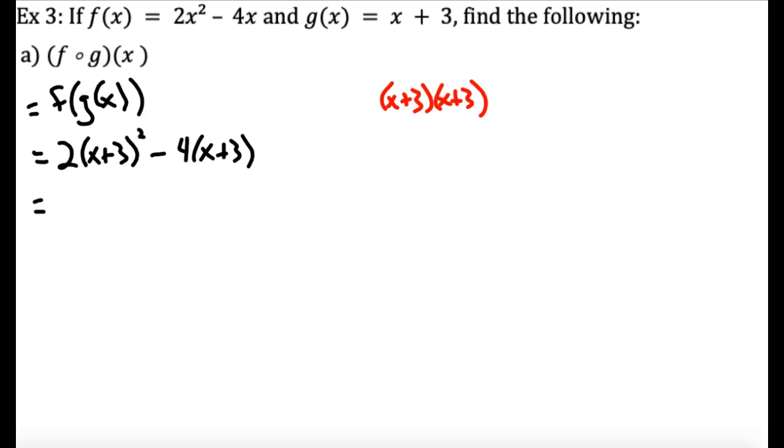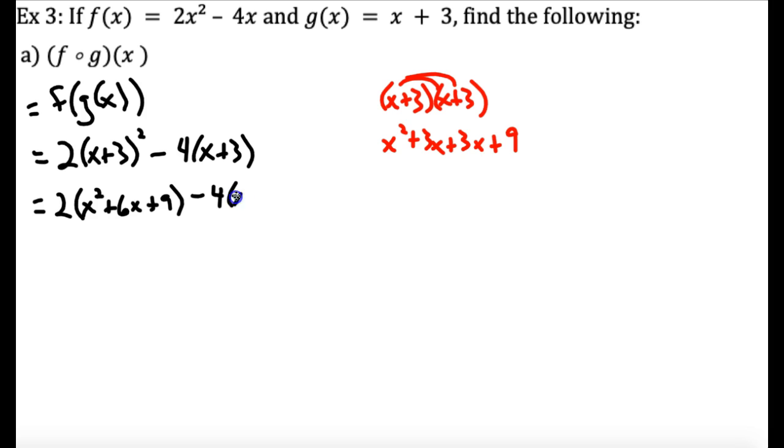Or if you remember the shortcut, square the first, take 2 times the product of the 2, so x times 3 times 2 would be 6x, then square the last is 9. But if you don't remember that, you can go ahead and FOIL this out, right? So if we FOIL out, we get x squared plus 3x plus 3x plus 9, which would simplify to x squared plus 6x plus 9, all right?